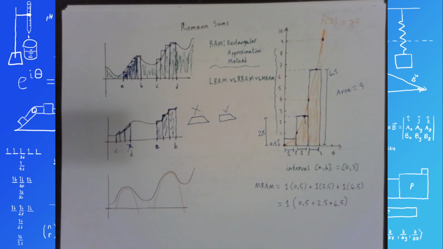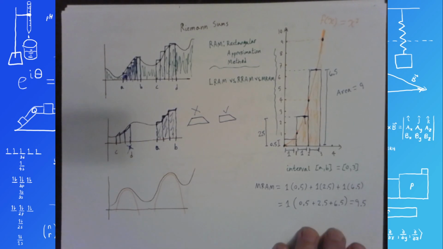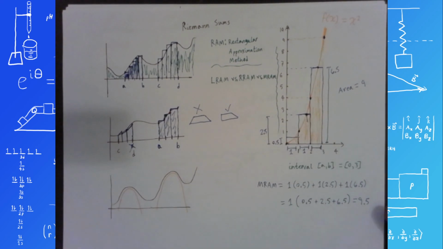Add the heights together and multiply the sum of the heights of my rectangles by their common width. 0.5 plus 2.5 is 3, and added to 6.5 is going to be 9.5 is our approximation for the area. The actual value is 9, so there is clearly some error in doing this, but that error can be significantly reduced if you increase the number of rectangles.